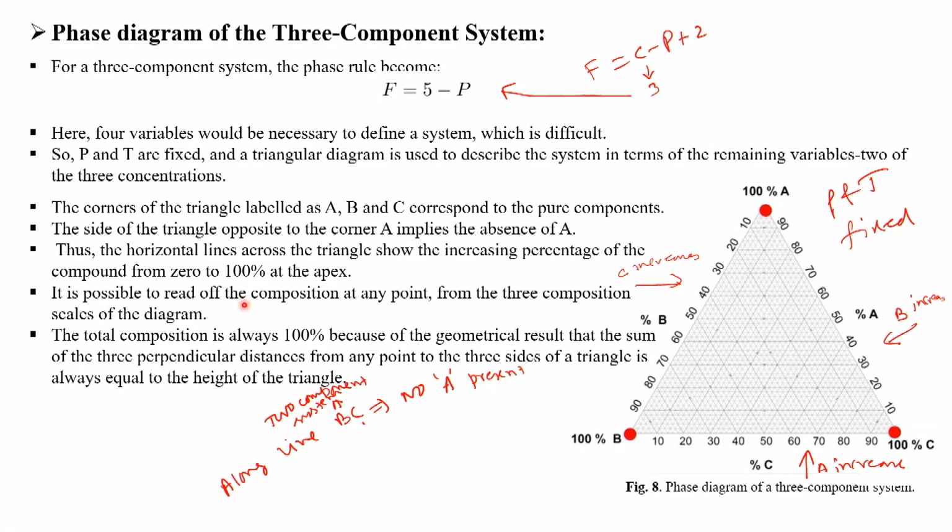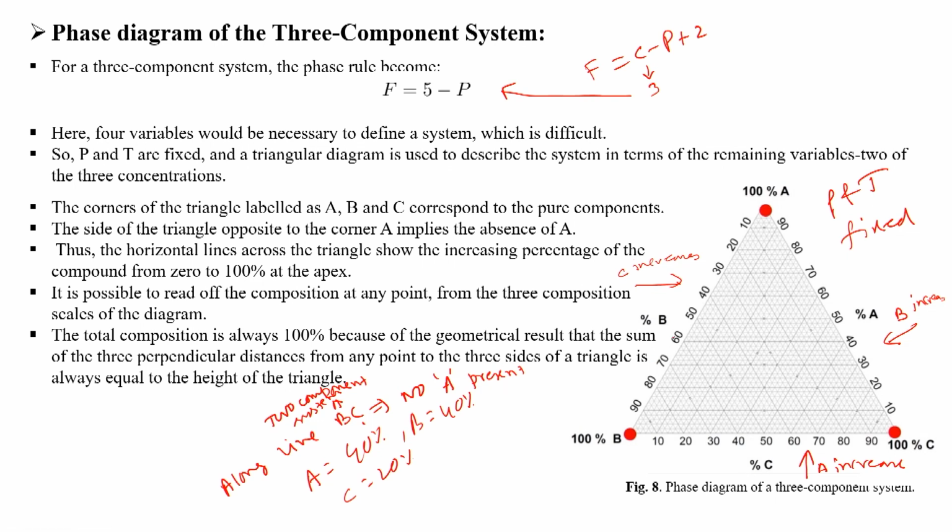It is possible to read off the composition at any point from the three composition scales of the diagram. You can take any composition mixture, suppose A is 40%, B is 40%, and C is 20%.